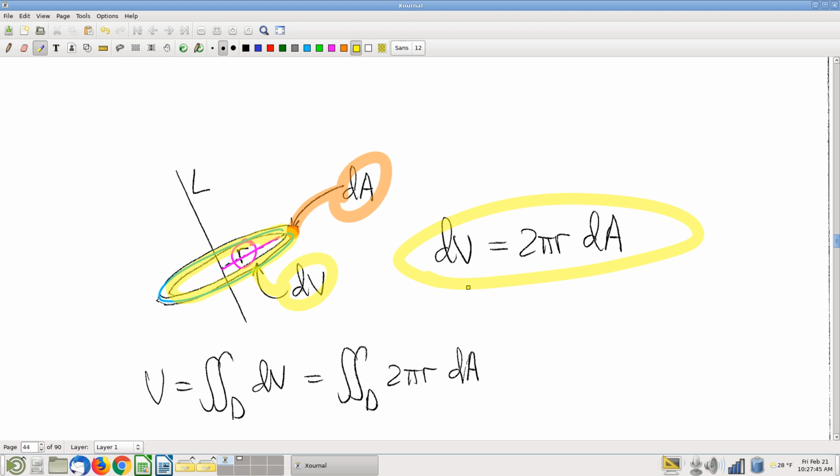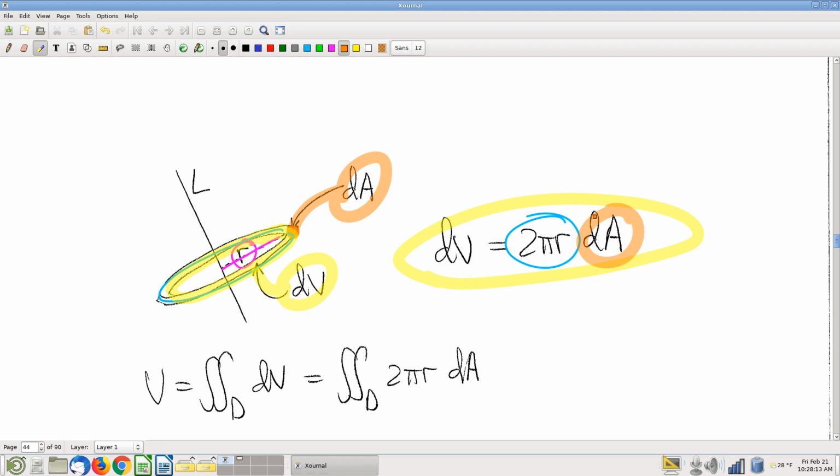So the area times the length of that box, which of course is the circumference of that circle, tells you that volume. Circumference, aka length, which is 2 pi r, times area, dA. And that's the formula for that little piece of volume.